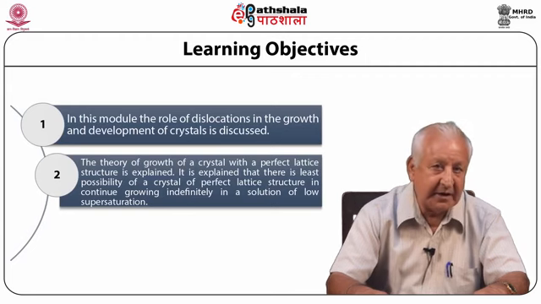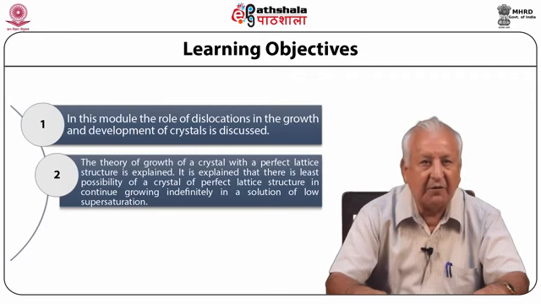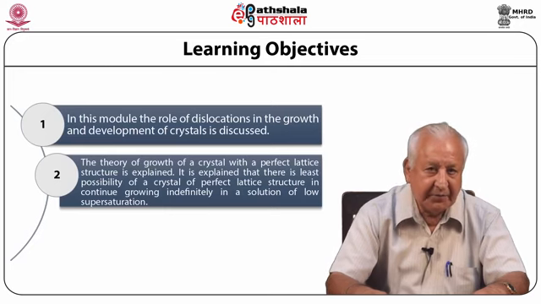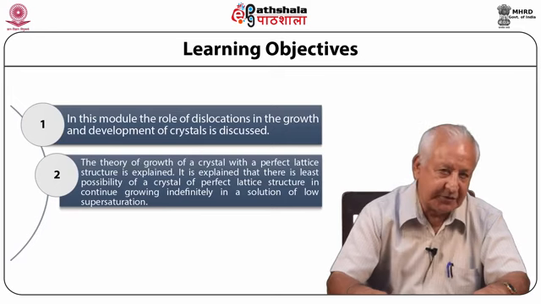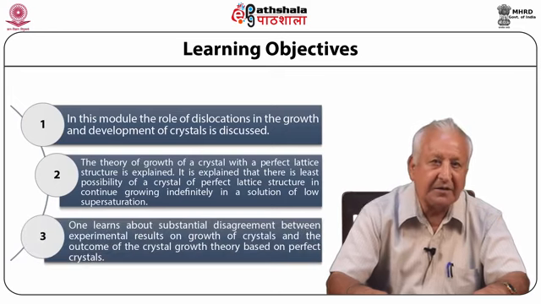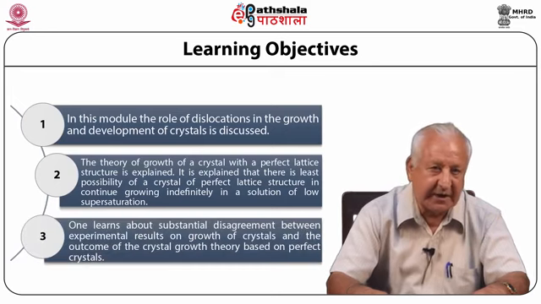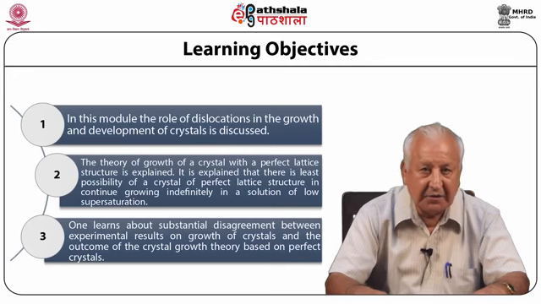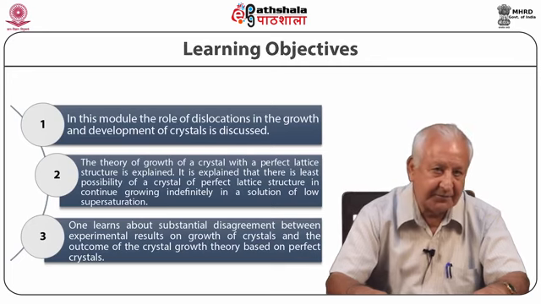It is explained that there is least possibility of a crystal of perfect lattice structure to continue growing indefinitely in a solution of low supersaturation. One learns about substantial disagreement between experimental results on growth of crystals and the outcome of the crystal growth theory based on perfect crystals.